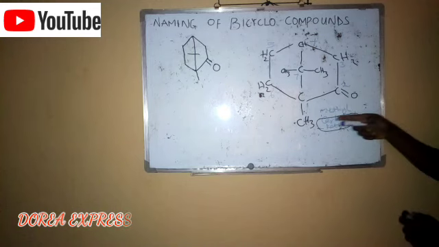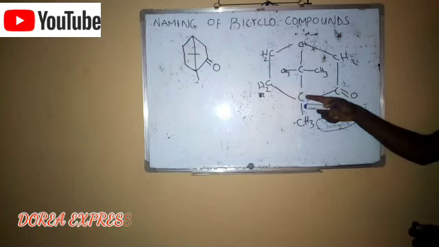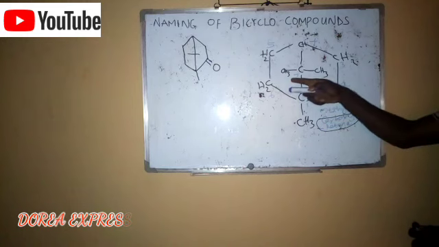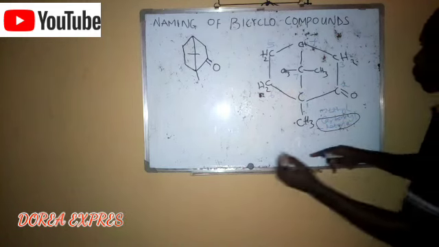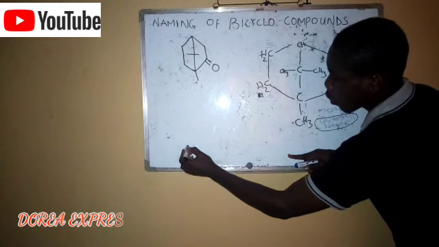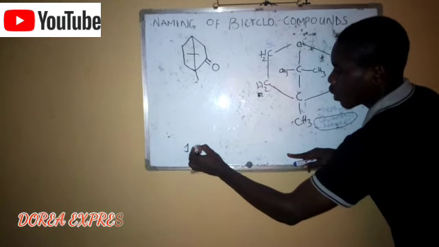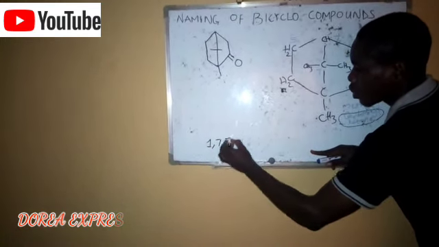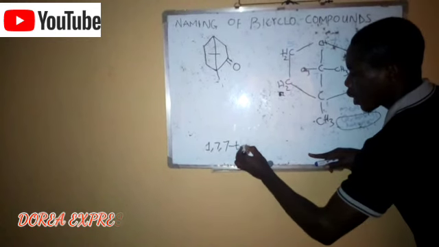As you can see, we have the methyl group at carbon 1 and at carbon 7. So this will be 1, 7, 7 trimethyl.